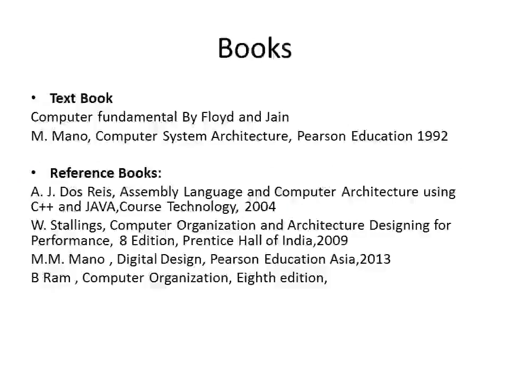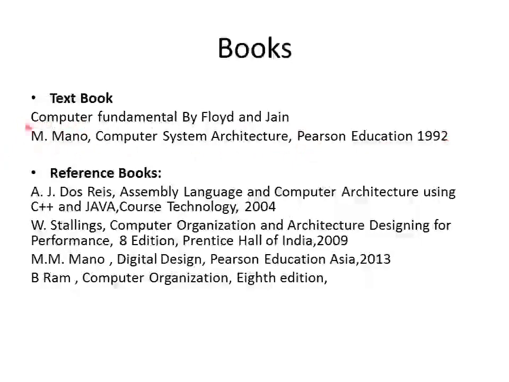The books. One of the books is Computer Fundamentals by Floyd and Jain. This book is basically for logic design and number system. It gives you a strong background to design circuits. Next is Computer System Architecture by Morris Mano.